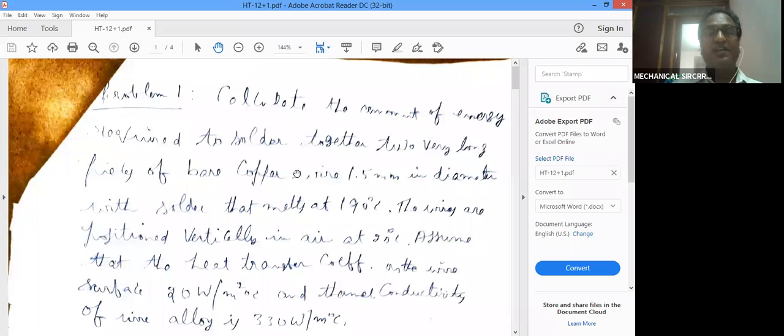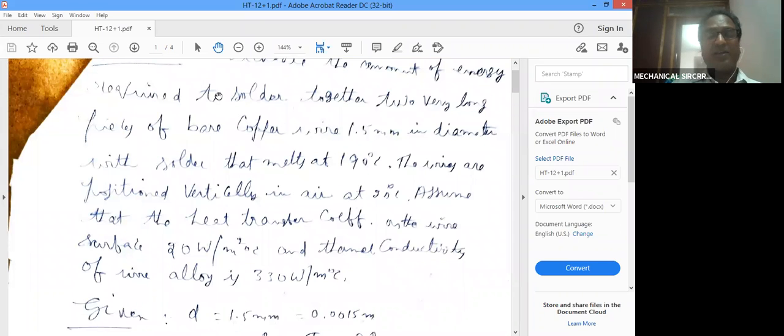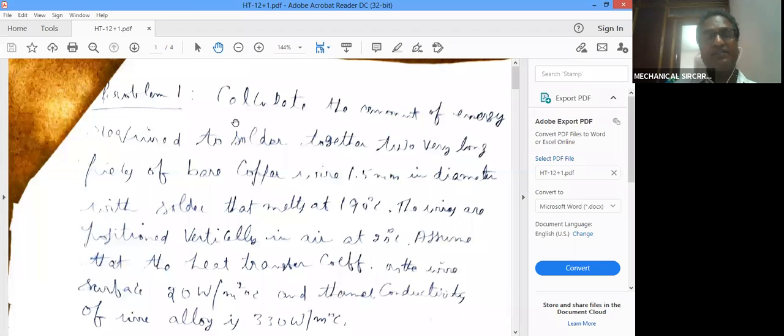So continuity is very much required. Please tell all your friends that from tomorrow onwards, attendance should be increased. Okay? Now, in this class, we solve some problems on the long fin, lengthy fin. So read the first problem.